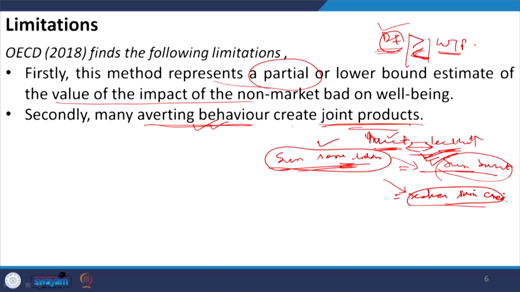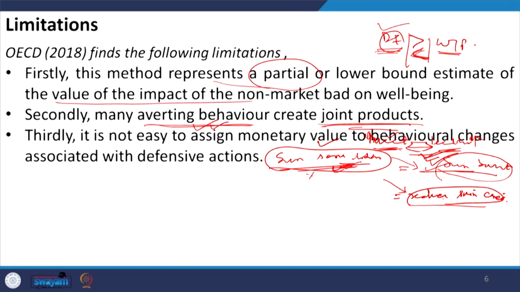So, this is again a task or limitation in this method, that how we can say that this expenditure you are doing only in order to avoid the sunburn, and this portion of the expenditure is only done in order to reduce the skin cancers, right. So, this is a challenge.